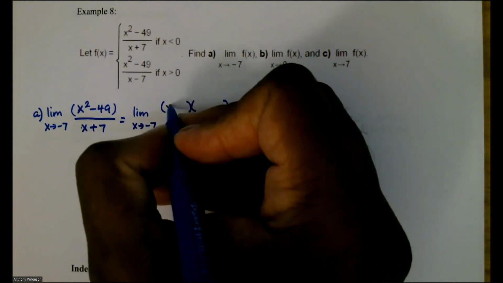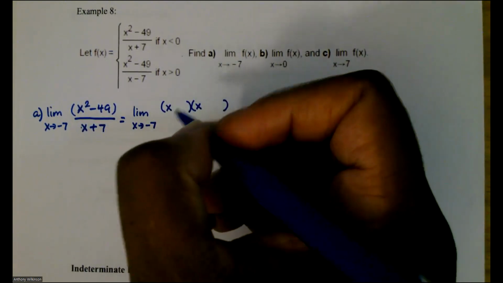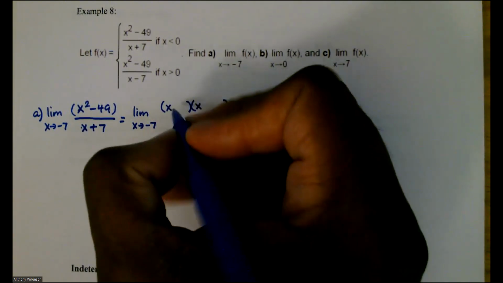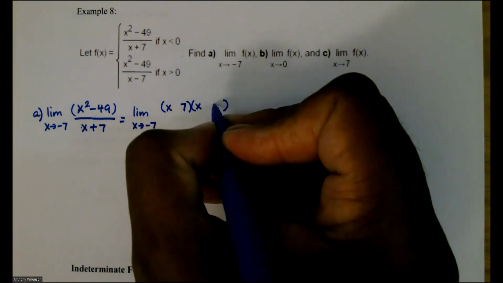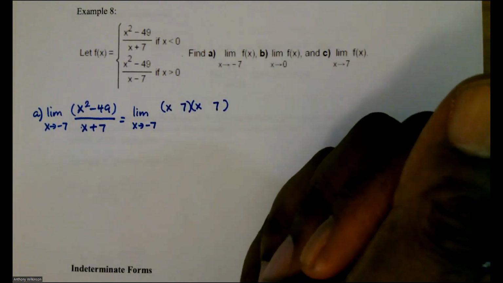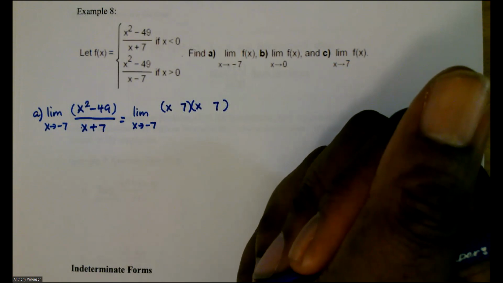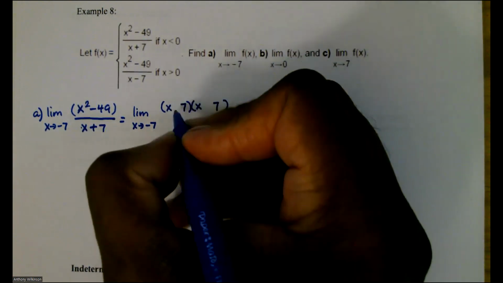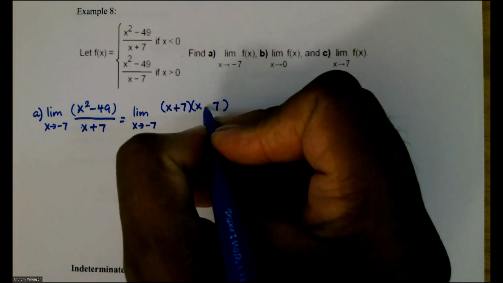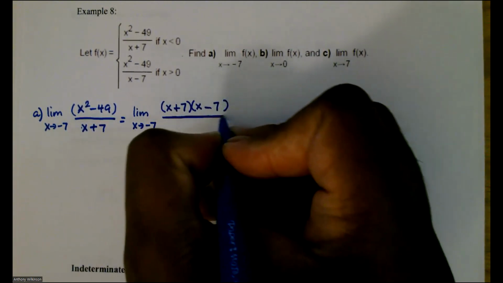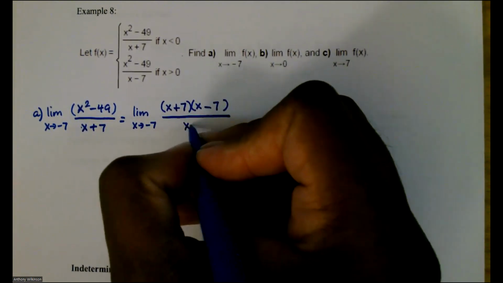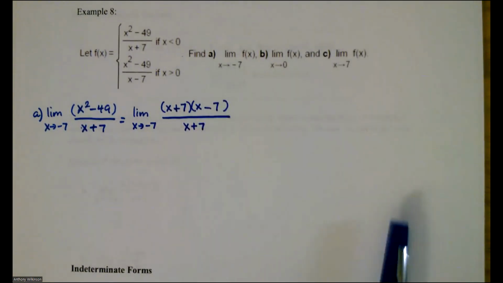X squared breaks up as x and x. 49 is a perfect square because 7 multiplied by 7 gives you 49. And since it's a difference of two perfect squares, one must be plus, the other one must be minus. And all that's divided by x plus 7.